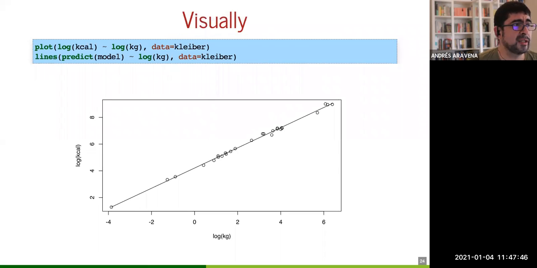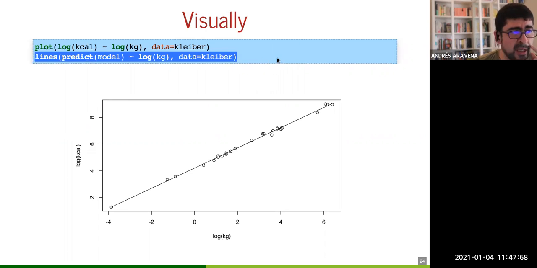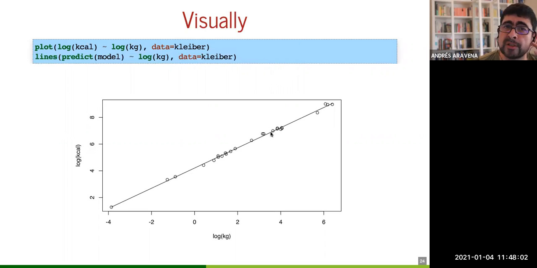Visually, it looks like this. I'm not going to give a lot of effort about this part because we are going to discuss doing this plot later.